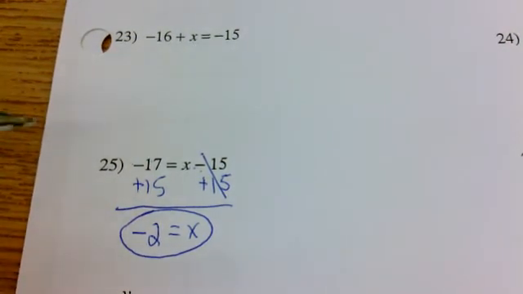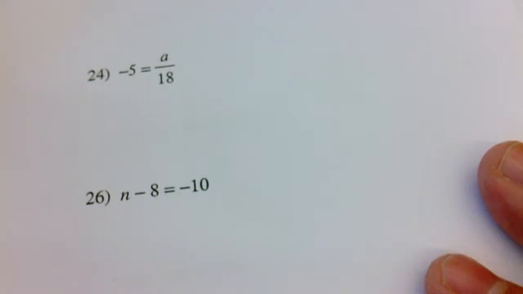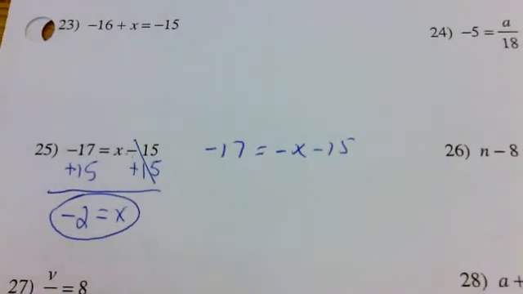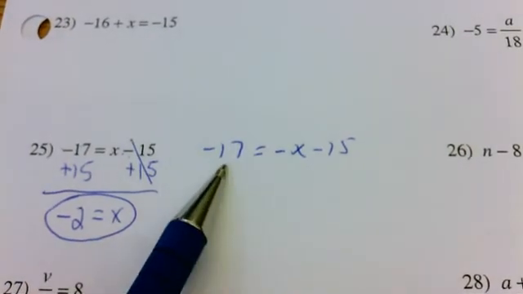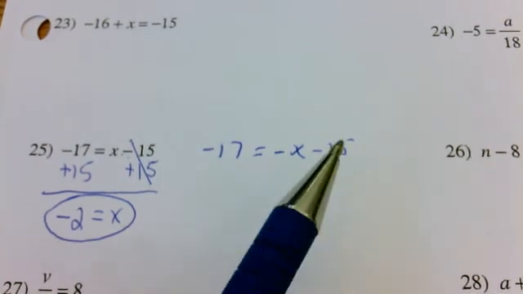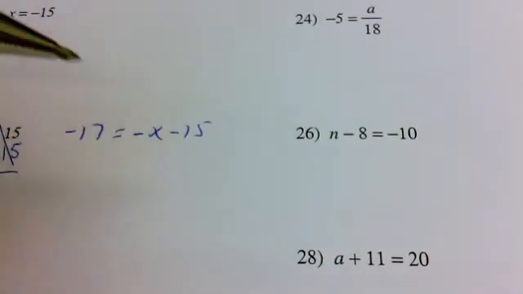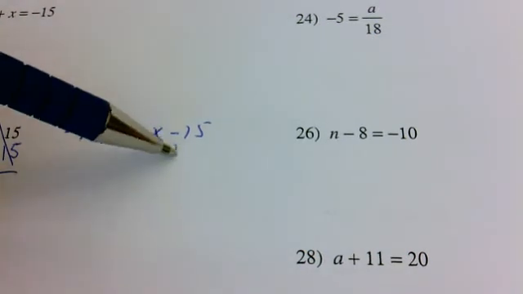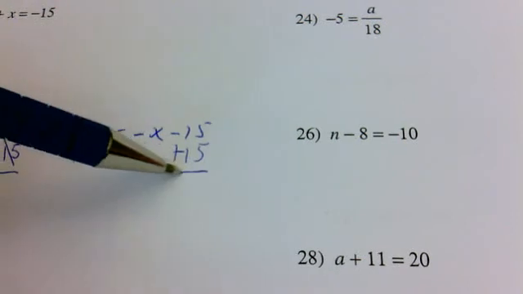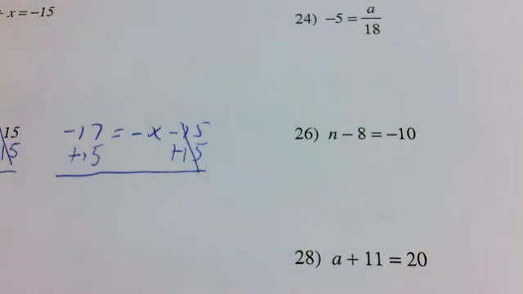There's only one additional example I wish to show. If I had negative 17 equals negative x minus 15, I would do all of the exact same things. I would add 15 to both sides. I would still get rid of the 15s.